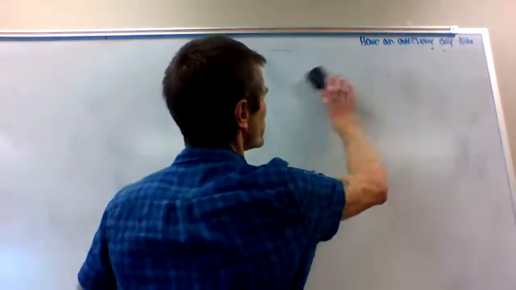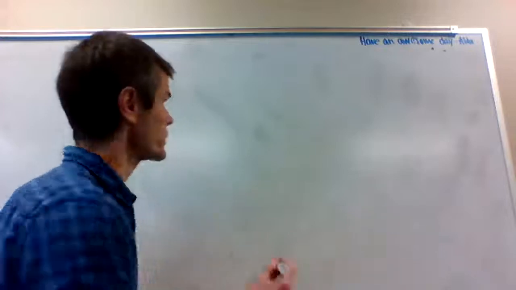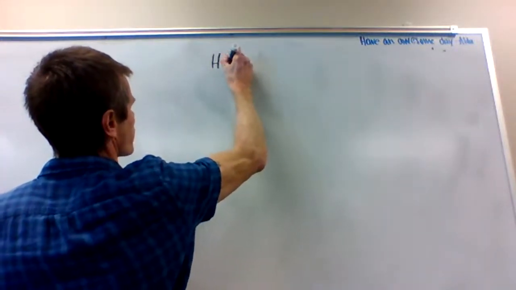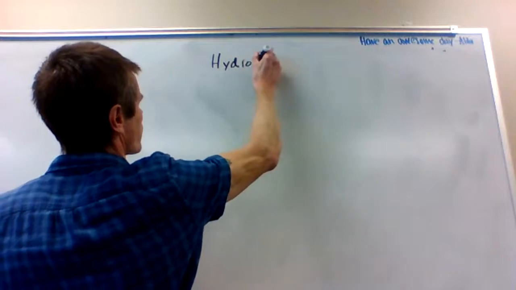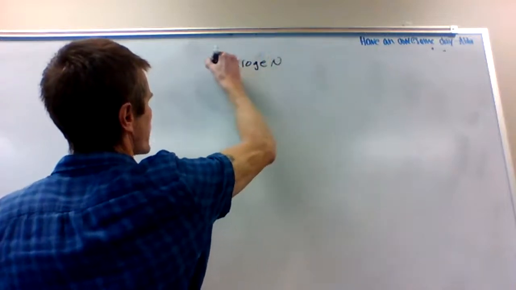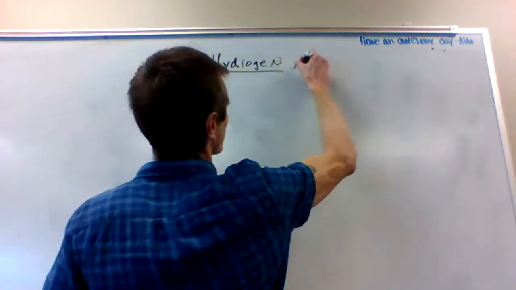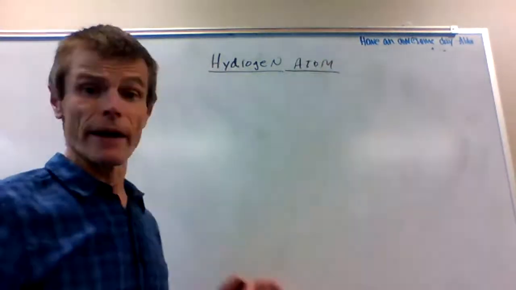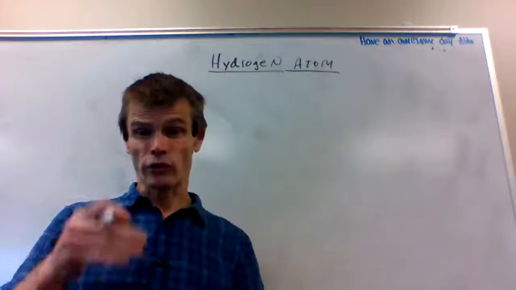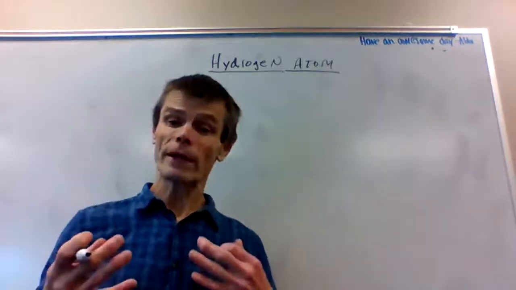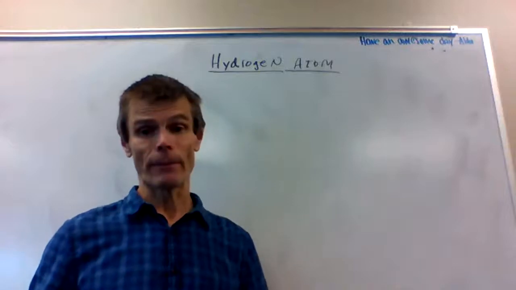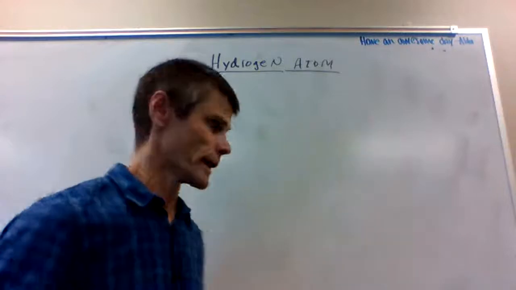So we're going to think about ground state electron configuration, and we're going to look at the hydrogen atom. We're going to start simple, hydrogen atom. And we're going to use an energy level diagram to show how the orbitals would be arranged in the simple hydrogen atom. And again, remember, hydrogen only has a single electron.